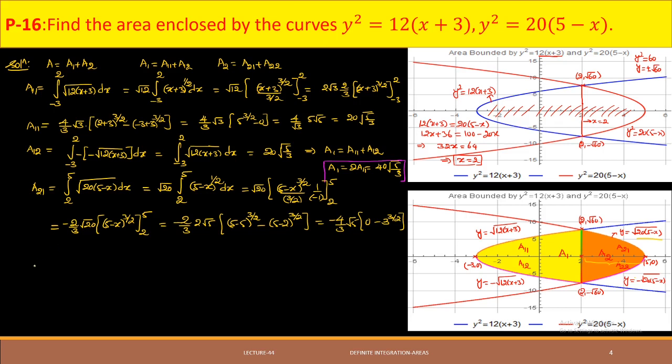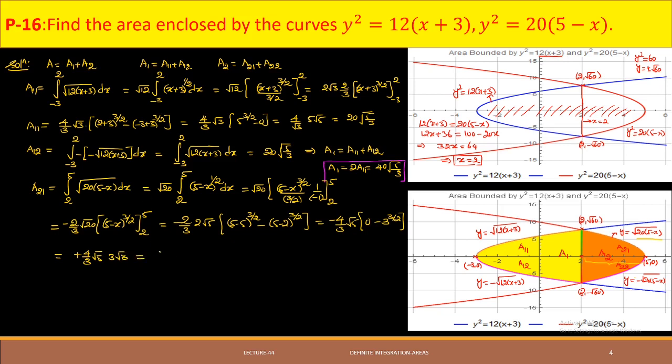So that is equal to minus 4 by 3 into root 5 into minus, minus into minus is plus, so this becomes 3 root 3.